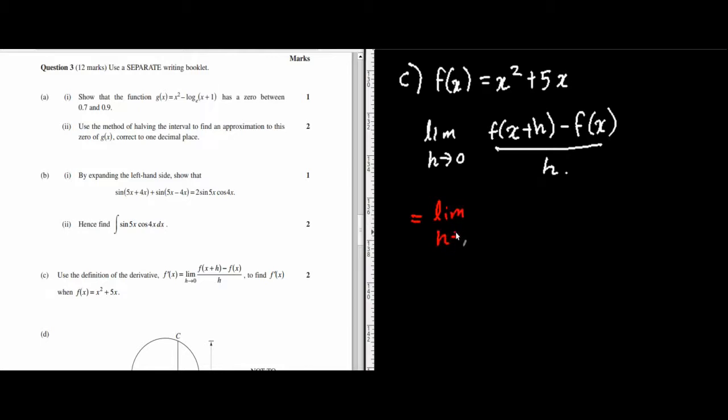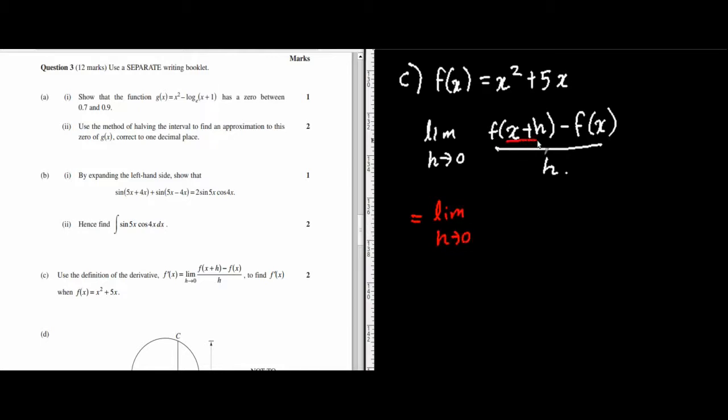So I need to use this limit of h approaching 0, f of x plus h minus f of x divided by h. Okay, now the key thing when we're doing these things, I'll go step by step. So subbing everything in, limit of h approaching 0.